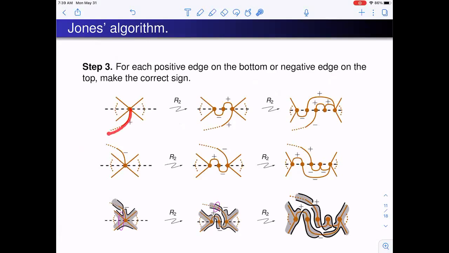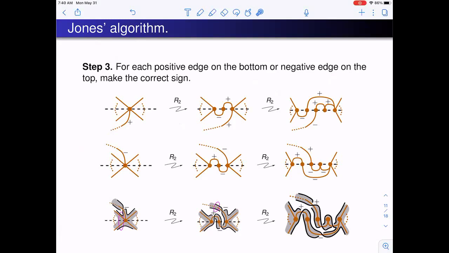If I have positive at the bottom, then doing Reidemeister 2, I can make it like that, and another Reidemeister 2 will make it negative here. And it introduces a positive at the upper half plane. And similarly, if I have a negative edge at the upper half plane, two Reidemeister moves will change it to positive. And that is how it looks on the diagram.